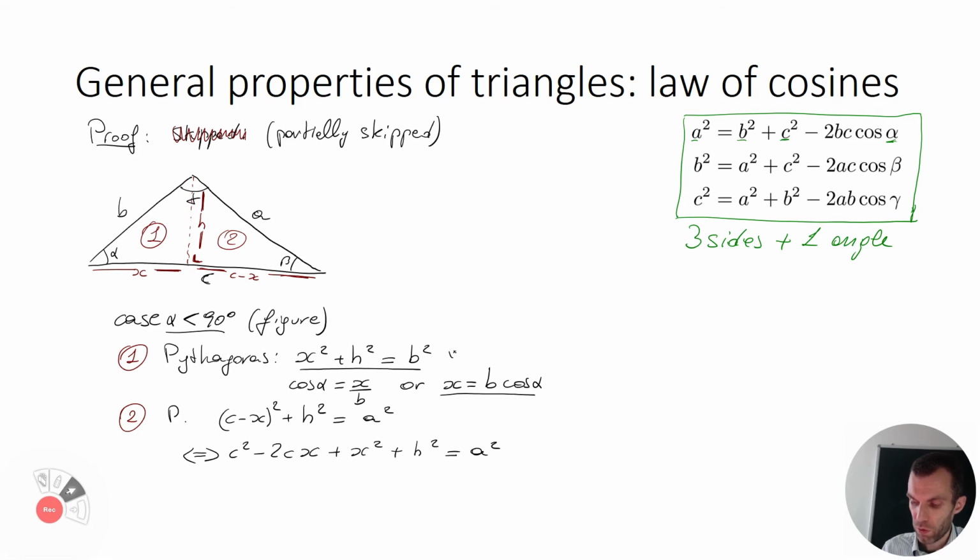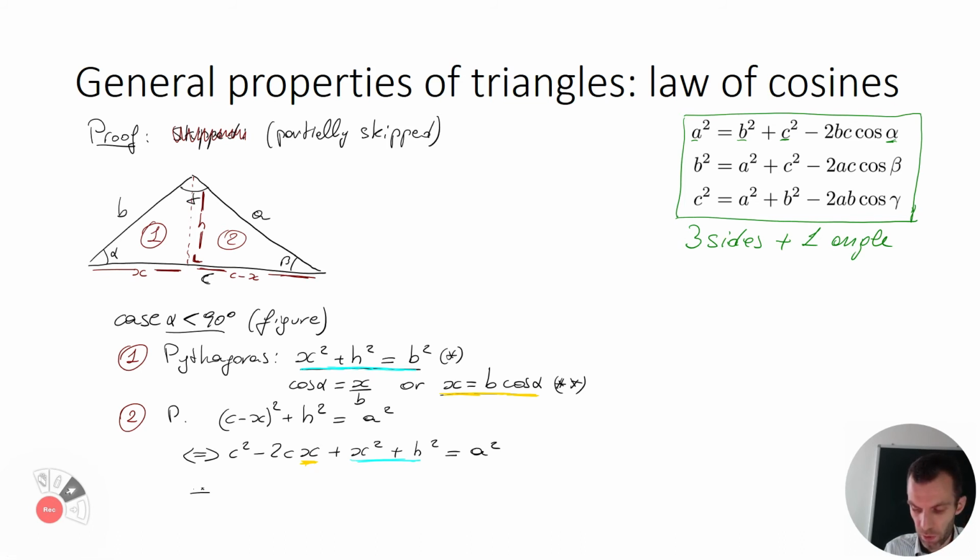And now I use the formulas that I derived earlier. Let's call this the blue formula, and this the golden formula. Then I can use the blue formula on this, and the golden formula for x, I can use that here.